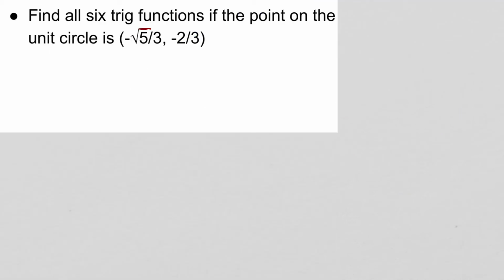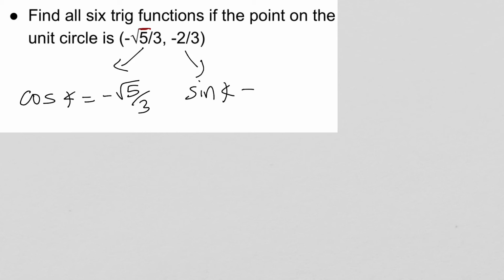So we're going to do the same thing that we know to do if we have a point on the unit circle. We can get all of them because we know that the x is my what? And what's my y? My x is my cosine. So I know the cosine of this angle is negative root 5 over 3. I know the sine, that's the y, is negative 2/3.